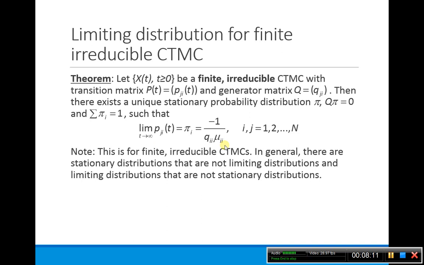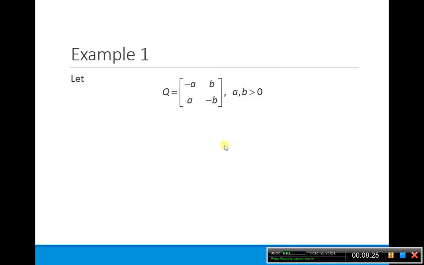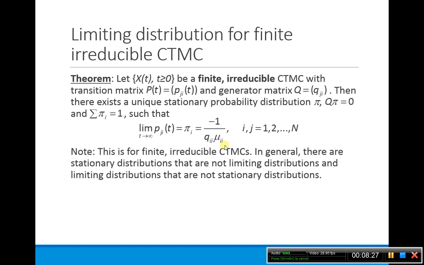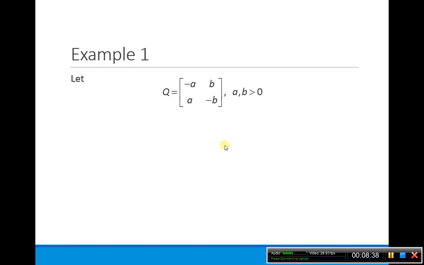In general, there are stationary distributions that are not limiting, and there are limiting distributions that are not stationary. For finite irreducible continuous time Markov chains, we have this unique stationary probability distribution. And this mu_ii is our time to get back.